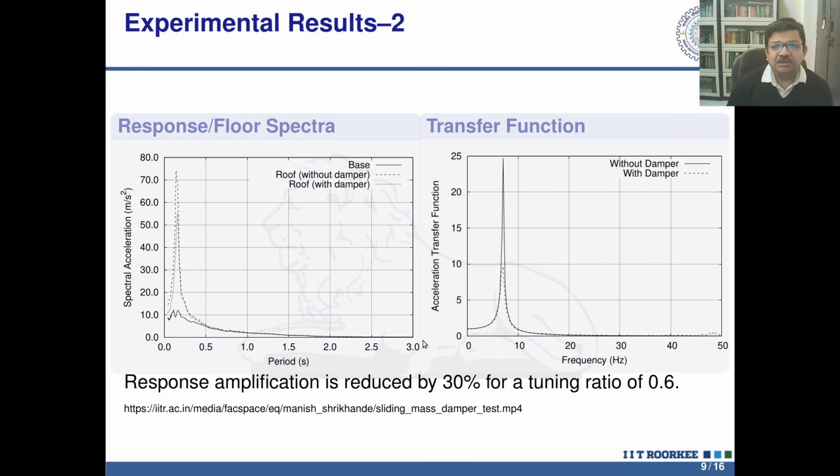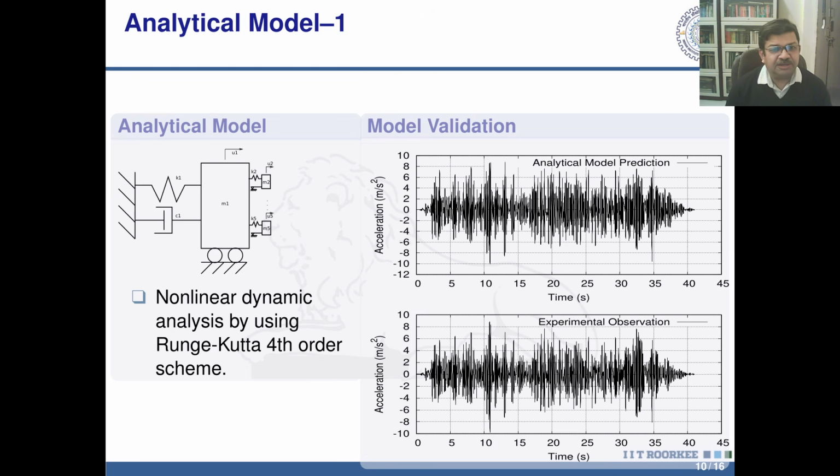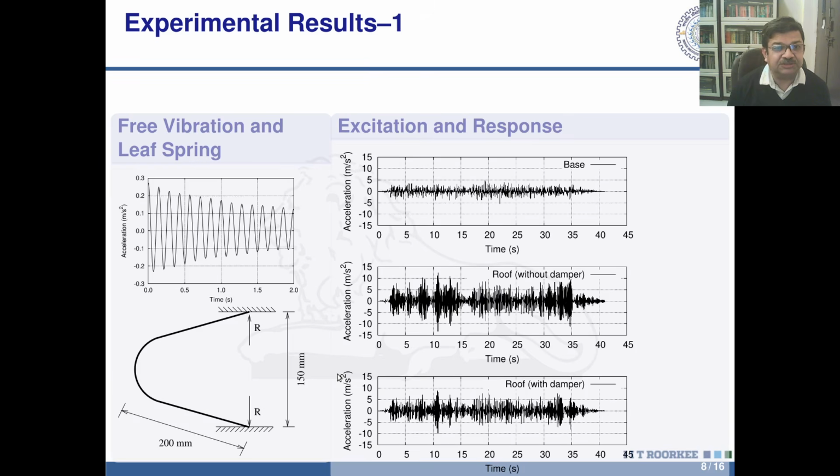So continuing from that, we developed the analytical model for use with more complex structures. In the analytical model, the frame is a simple single degree of freedom system. Mass, stiffness and damping we computed from the logarithmic decrement of this free vibration.